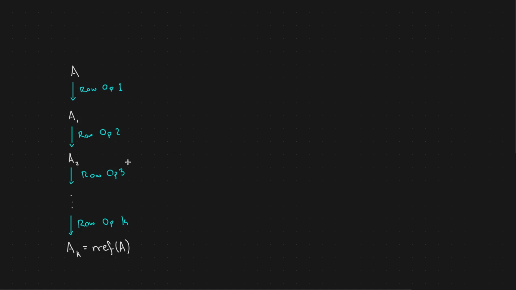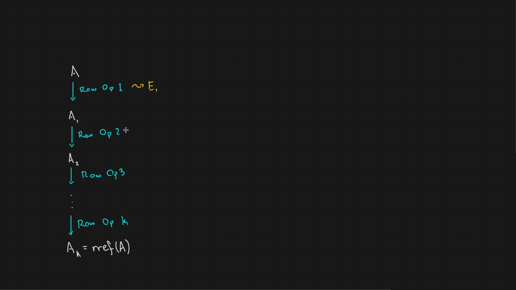Okay? Each elementary row operation is equivalent to left multiplying by an elementary matrix. So maybe this elementary row operation is equivalent to left multiplying by matrix E sub 1, an elementary matrix.